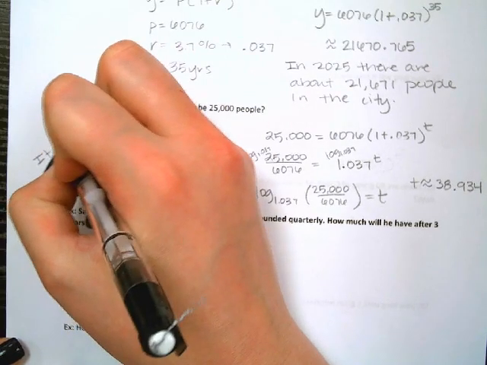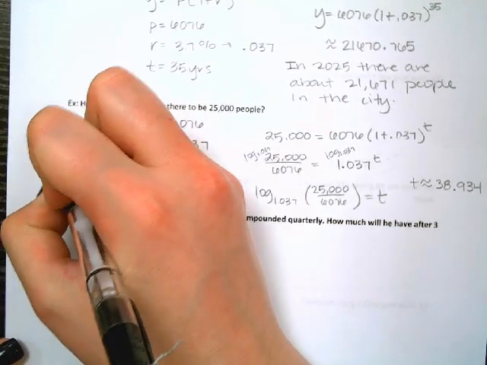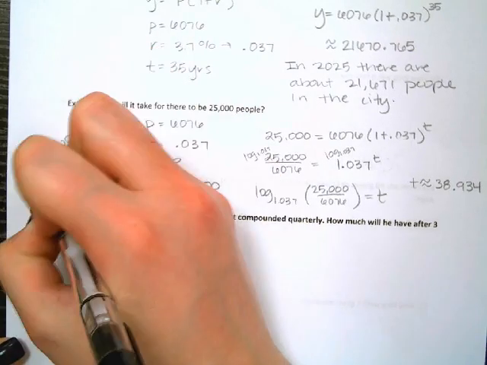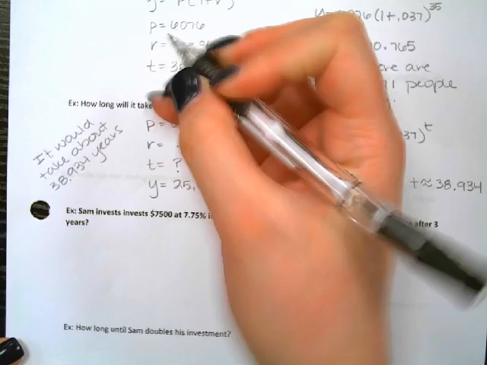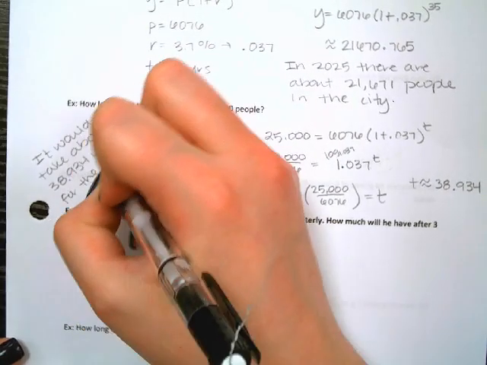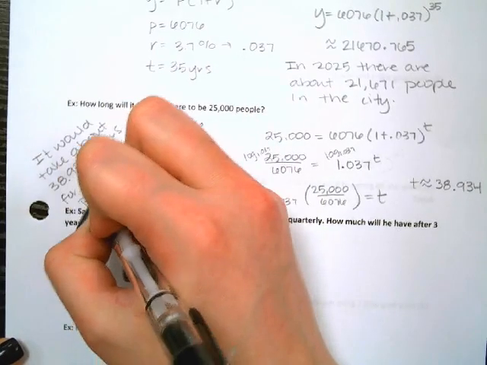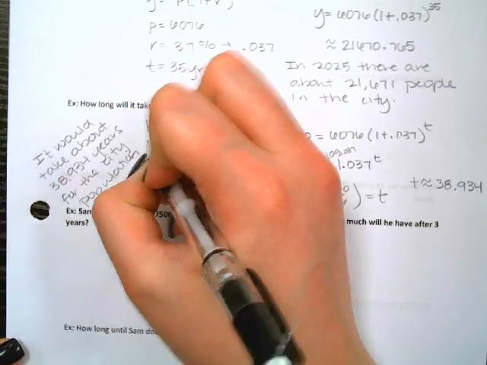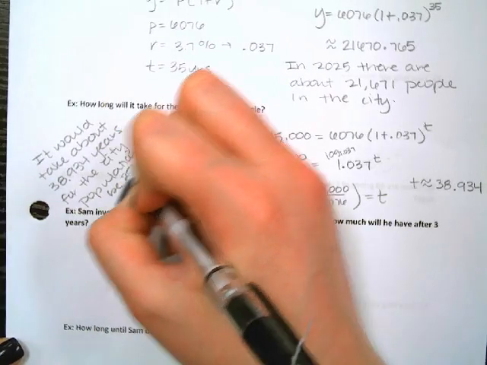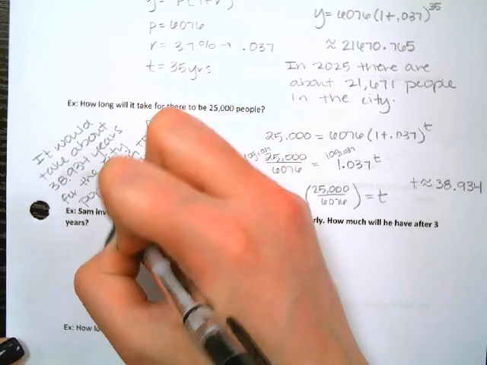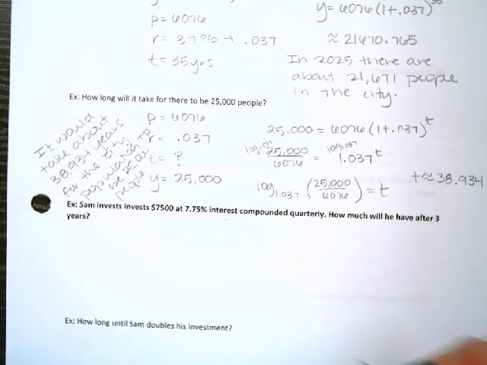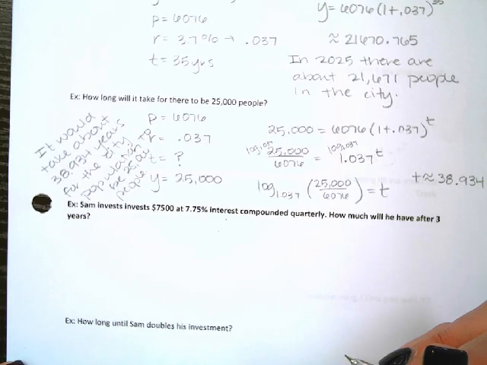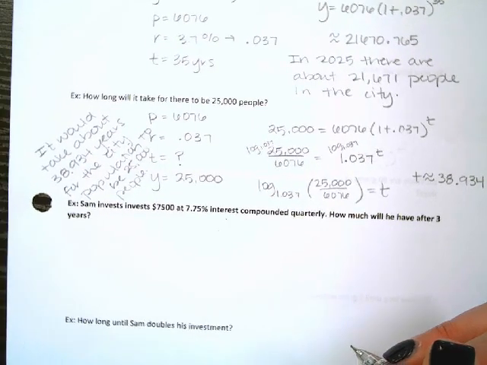It would take about 38.934 years for the city population to be 25,000 people.